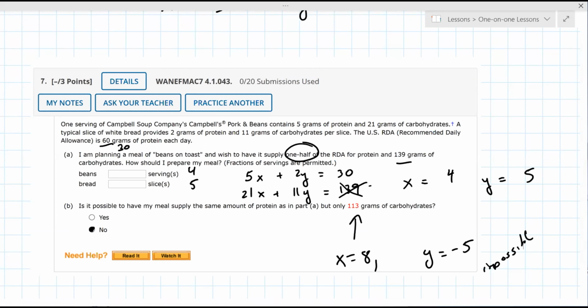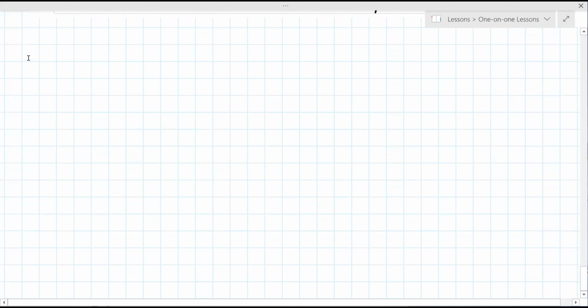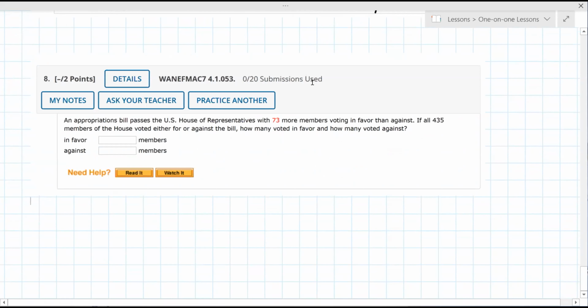All right, we'll move to number 8. An appropriations bill passes the U.S. House of Representatives with 73 more members voting in favor than against. If all members of the House voted for or against the bill, how many voted in favor and how many voted against?